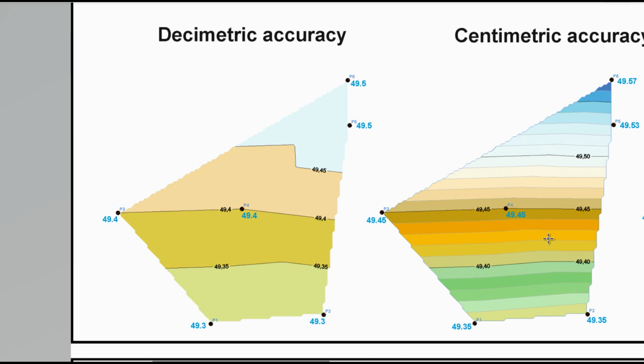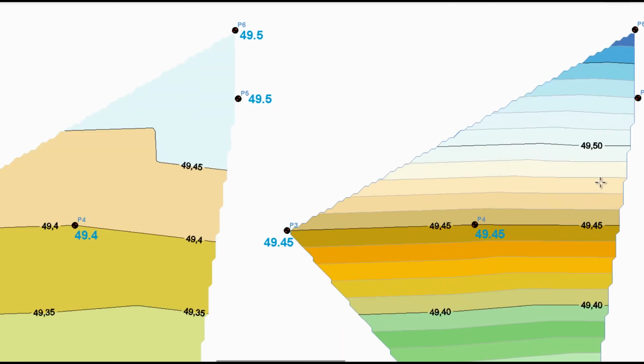In this example, if we have centimetric precision, we can draw the groundwater flow map direction. The lines are pretty good, and we can make the arrows, and the result is going to be good.